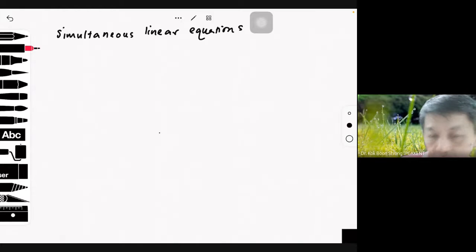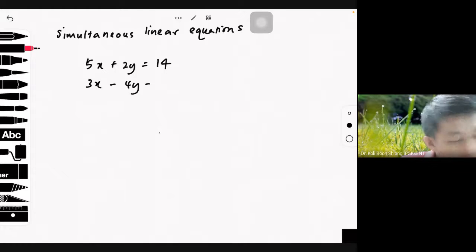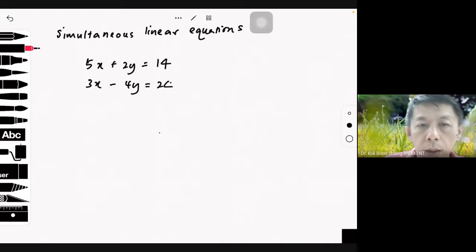We straight away start with an example. Say we have 5x plus 2y equals 14, and 3x minus 4y. If we want to use substitution, we look for one variable, either x or y.